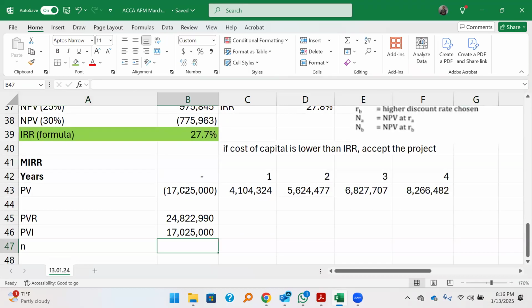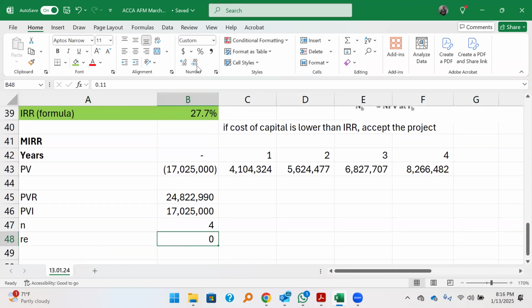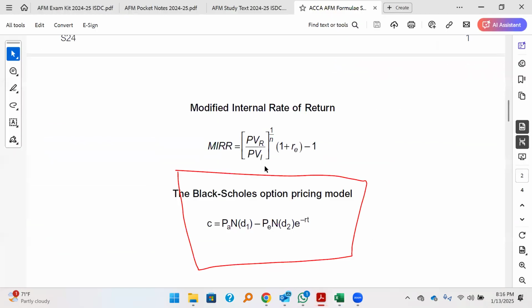Then N is 4 years, and RE is the cost of capital, which is 11%. And then you have the formula here: present value of the return phase over present value of the investment phase.